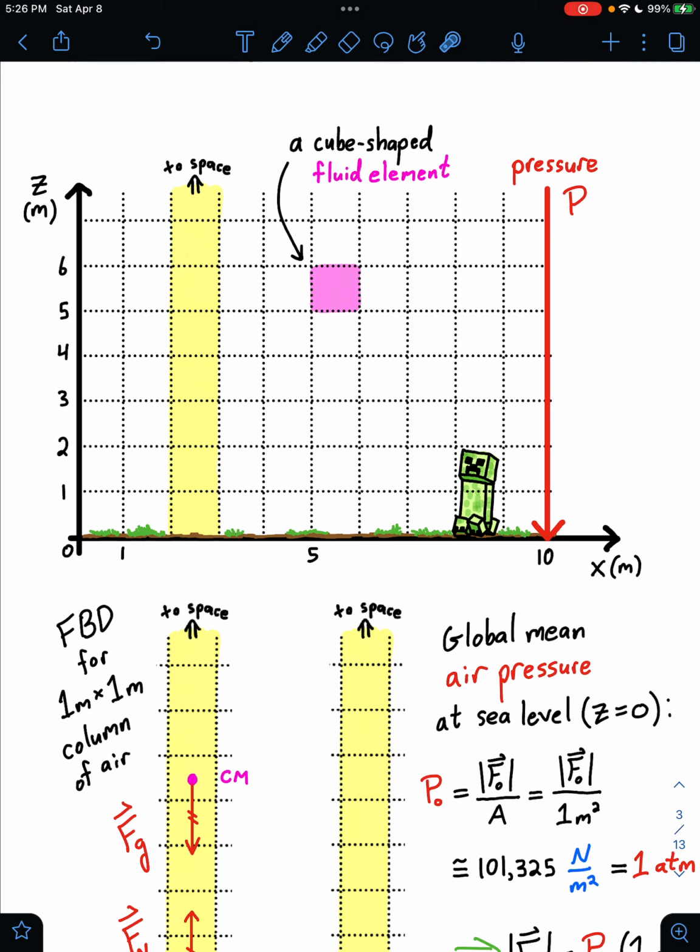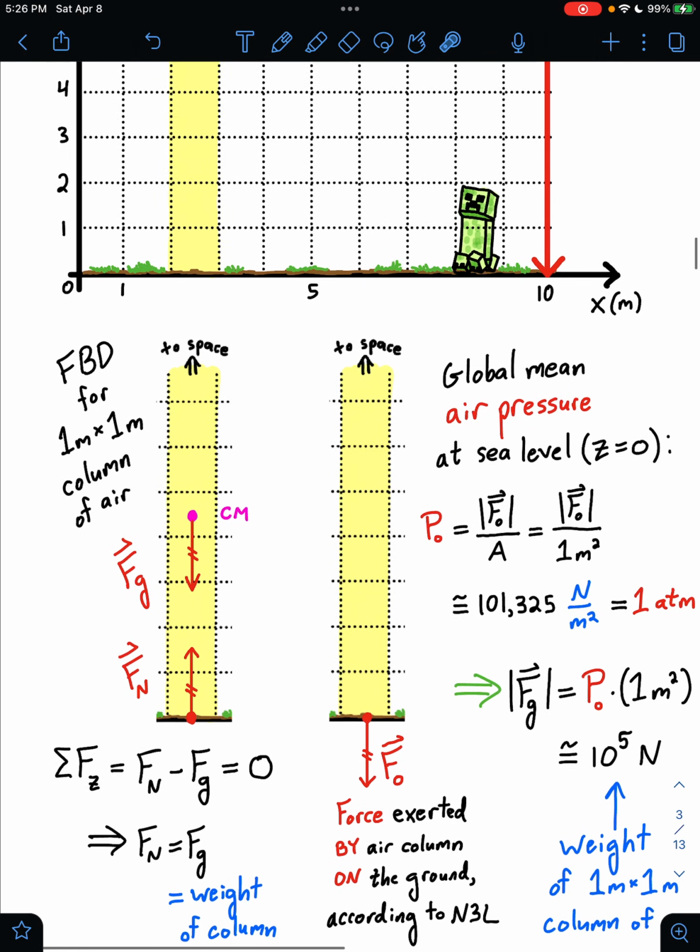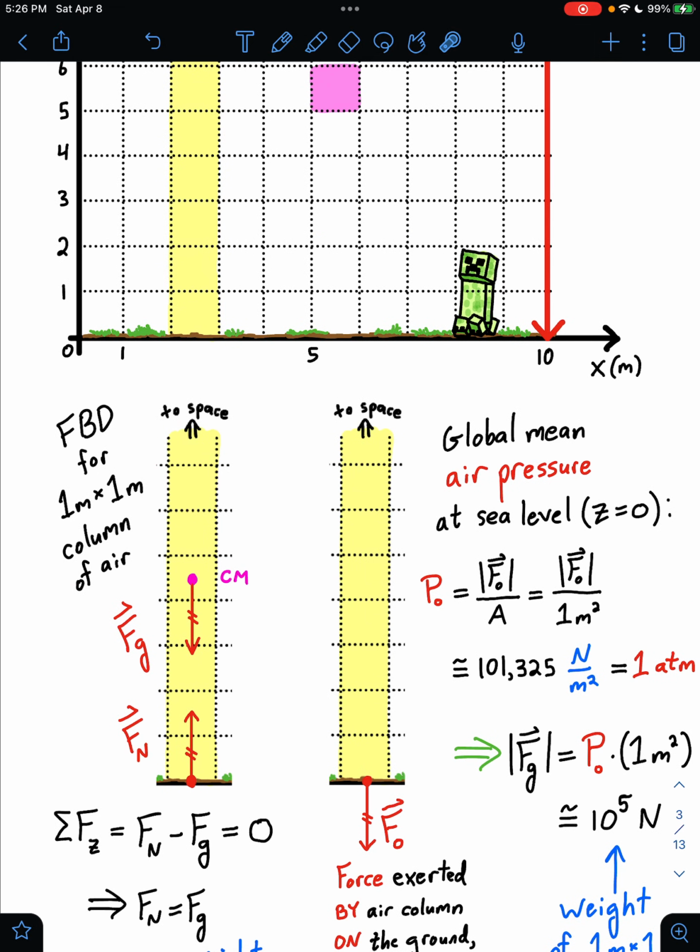A column of air that has a square cross-section with a 1 meter by 1 meter square base to it and extending all the way up to outer space. Let's look at the free body diagram for this 1 meter by 1 meter column of air.